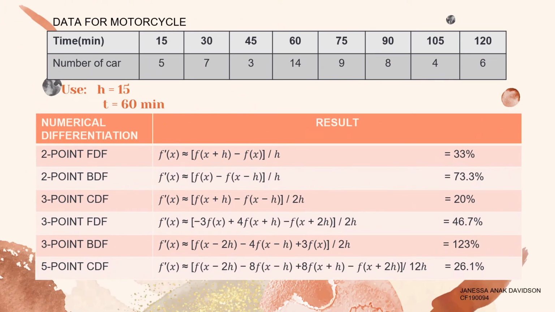Now we are doing the calculation of data for motorcycles. Again, we use h equal to 15 and t equal to 60 minutes.